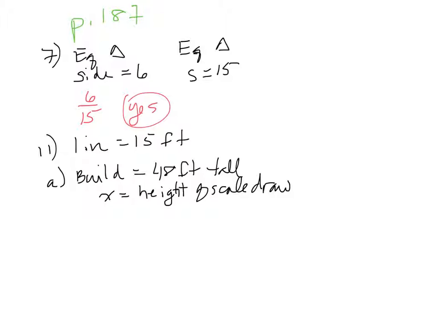Write a proportion. You already know this is one of your ratios. Even though it's inches and feet, we don't have to care on the scale drawing. So this is one side of your proportion. So you're either going to have 1 over 15 or 15 over 1.